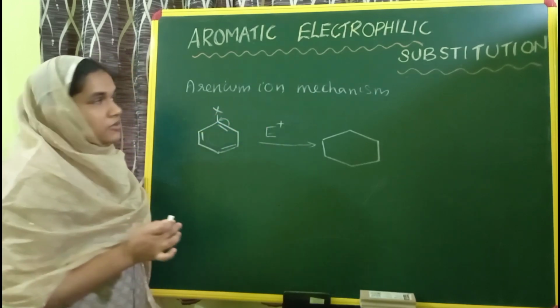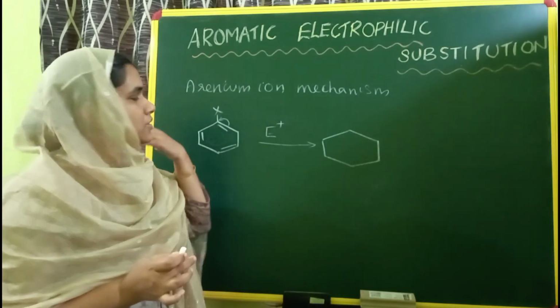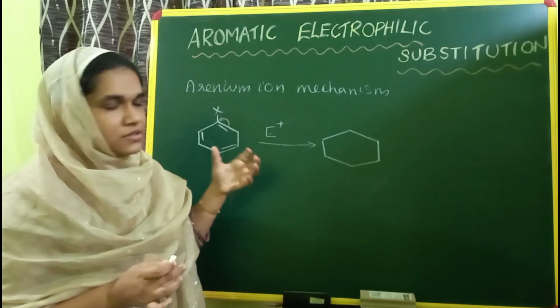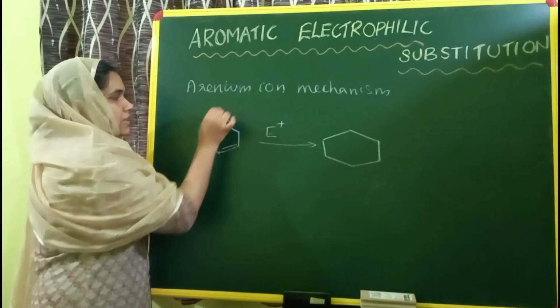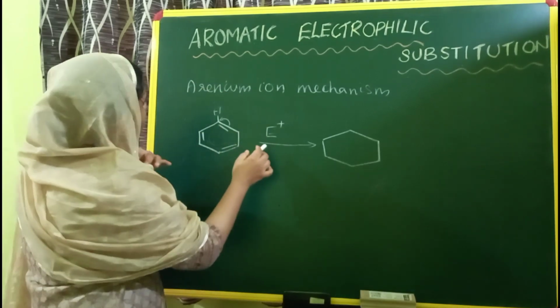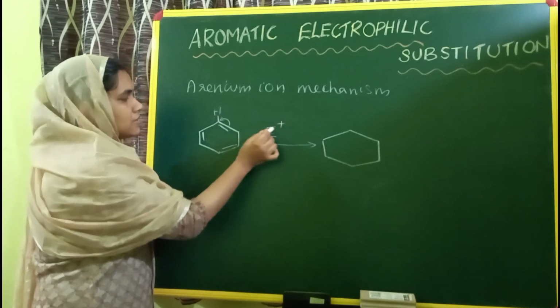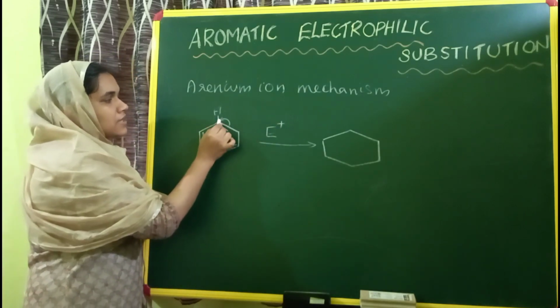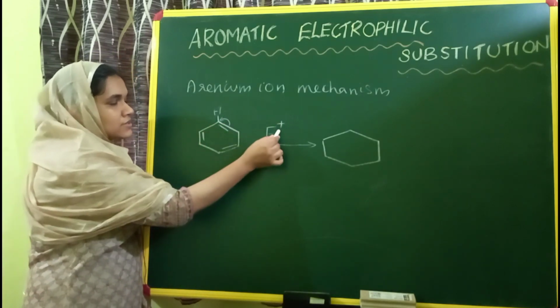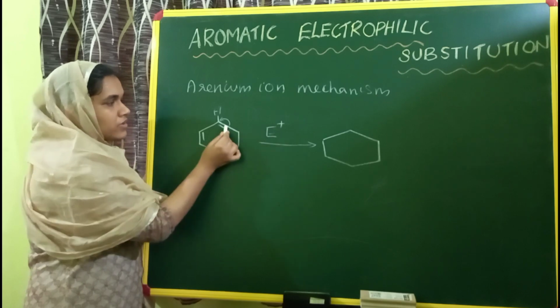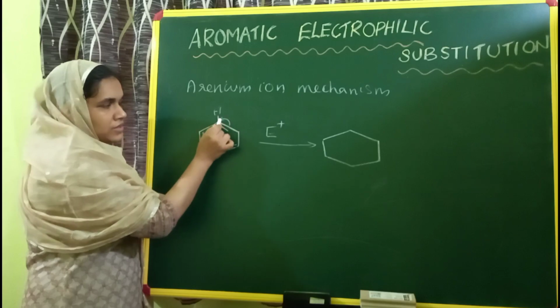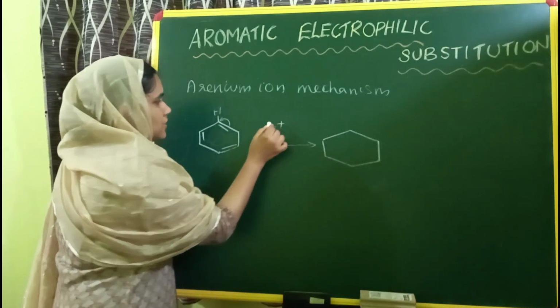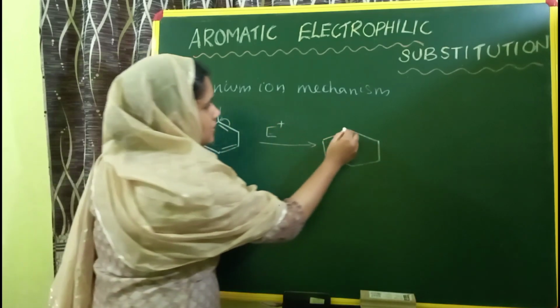In case of aromatic substitution, this X is always hydrogen, so in place of X, I write H. Then this E+ is attacking over here. Since this is a positively charged one, the electron will shift over here, and this E+ is attaching here.